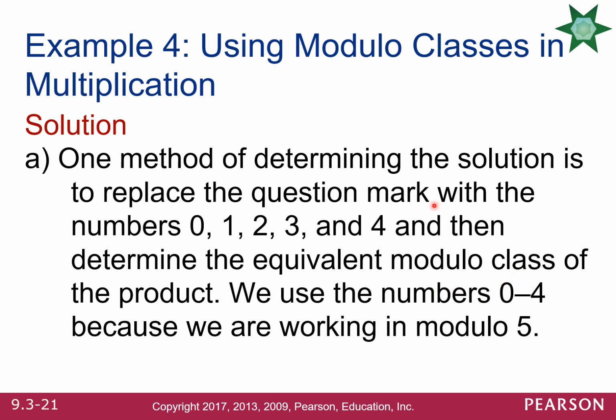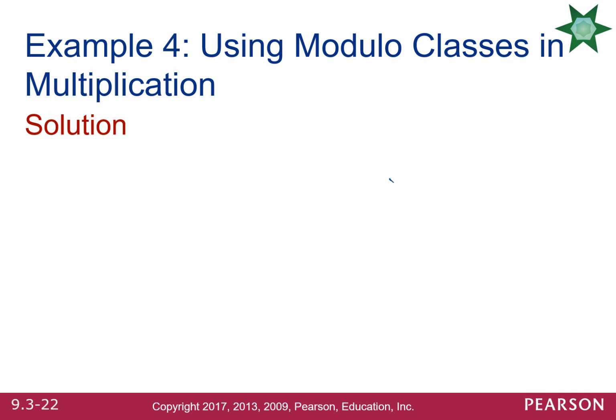All right, so one method of determining the solution is to replace the question mark with the numbers 0, 1, 2, 3, and 4, and then determine the equivalent modulo class of the product. We use the numbers 0 through 4 because we are working in modulo 5. Let's look at the solution worked out step by step.